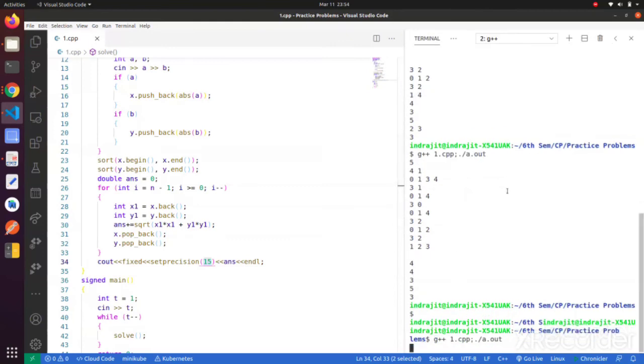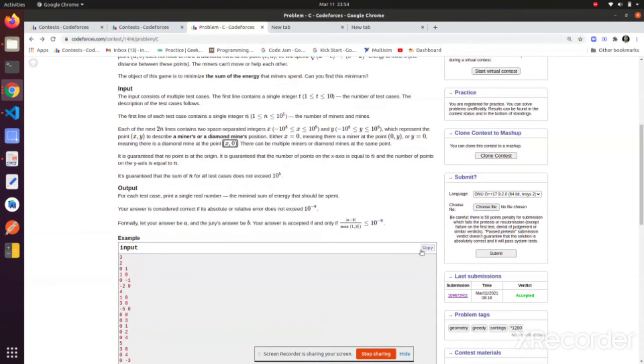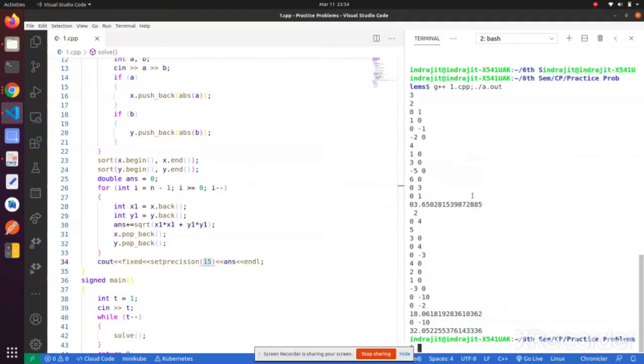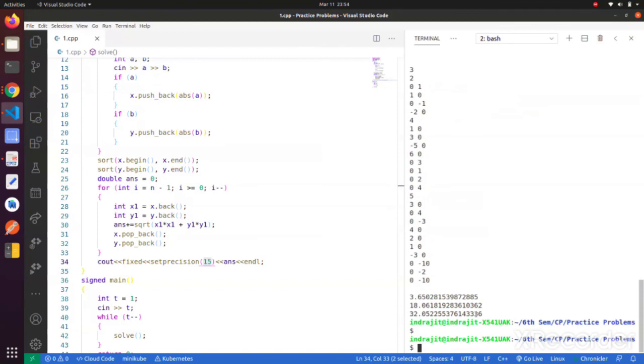So I will just test this sample test case once, then I will submit. I have got 3.650 something, 18 and 32.